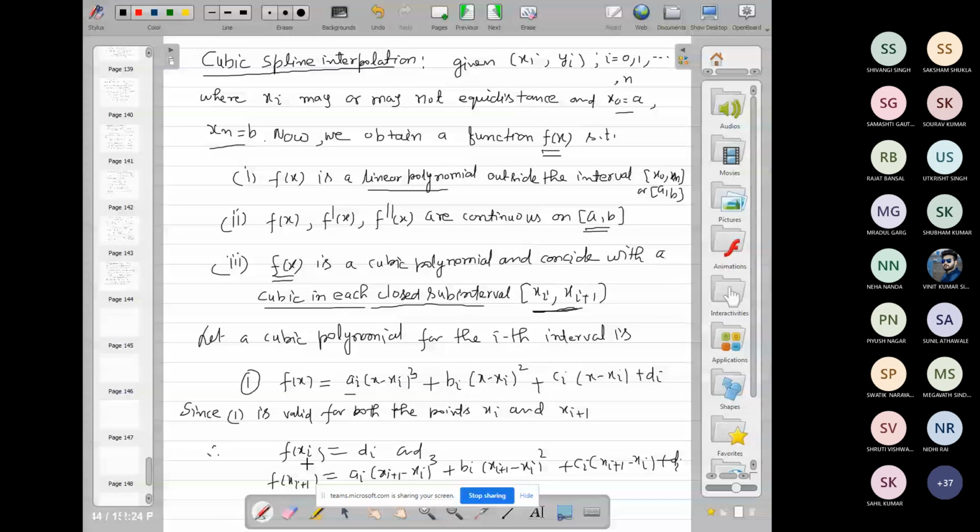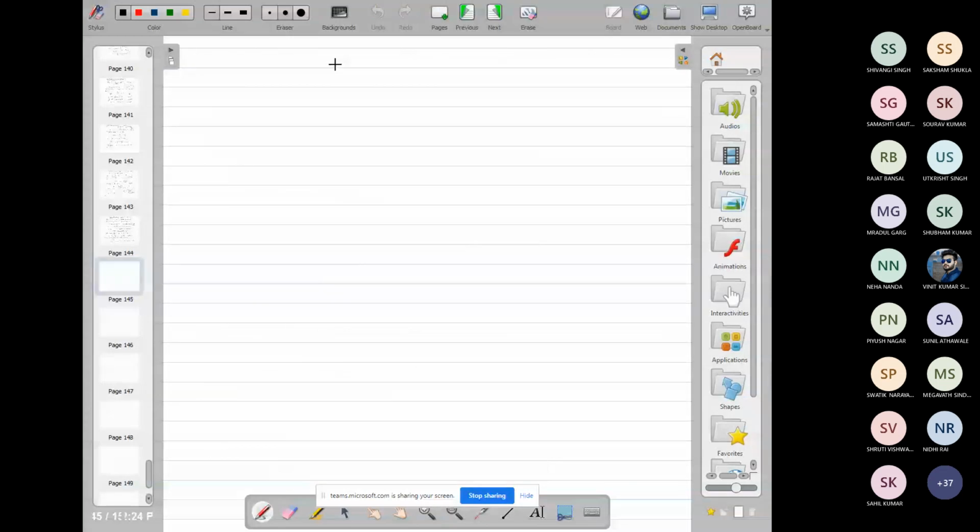This can be written as ai hi plus 1 cubed plus bi hi plus 1 squared plus ci hi plus 1 plus di, where hi plus 1 is equal to xi plus 1 minus xi.